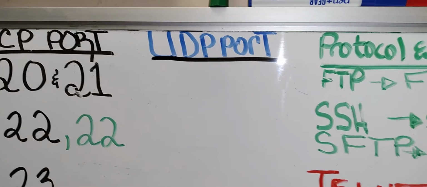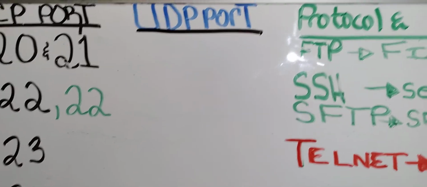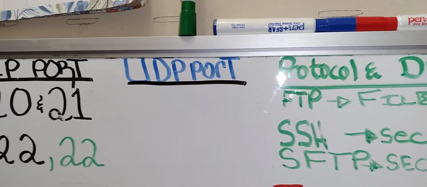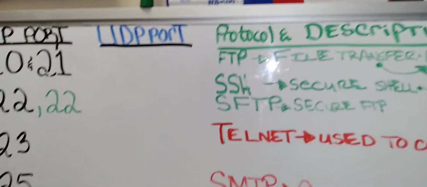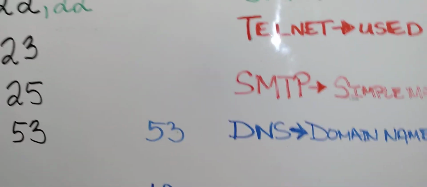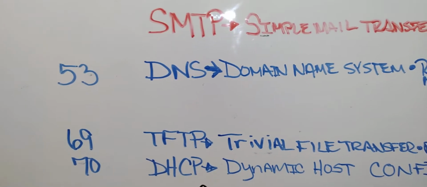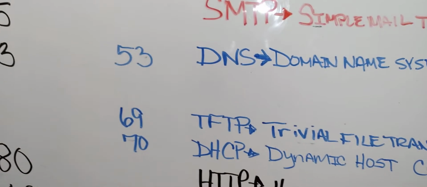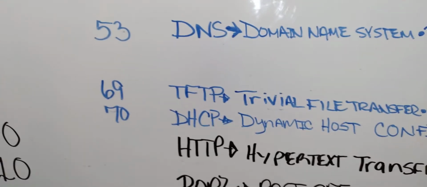20, 21 FTP, 22 SSH, SFTP, 23 Telnet, 25 SMTP, 53 DNS, 69 TFTP, 70 DHCP, 80 HTTP, 110 POP3.